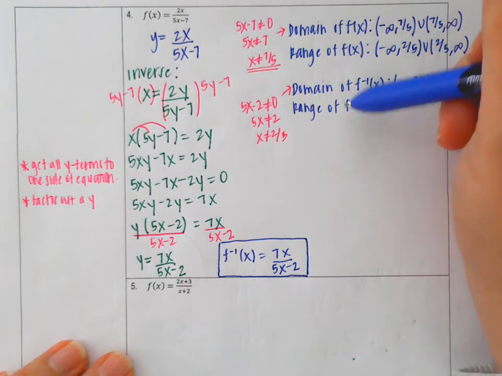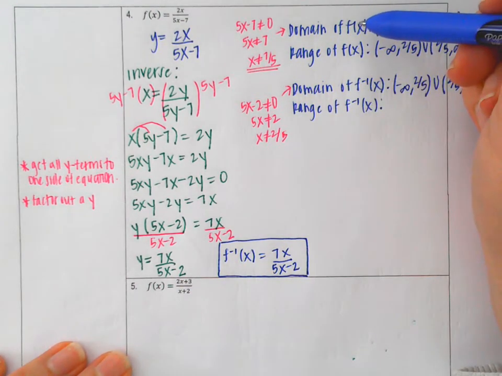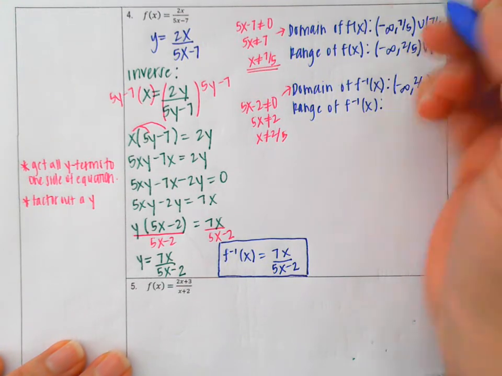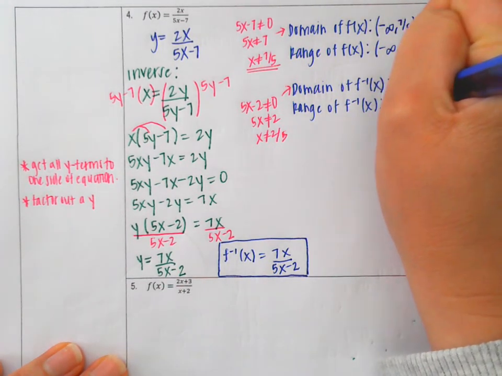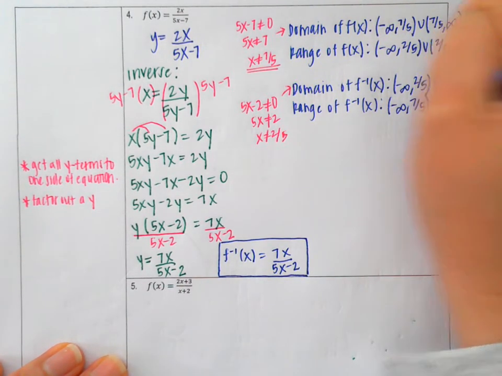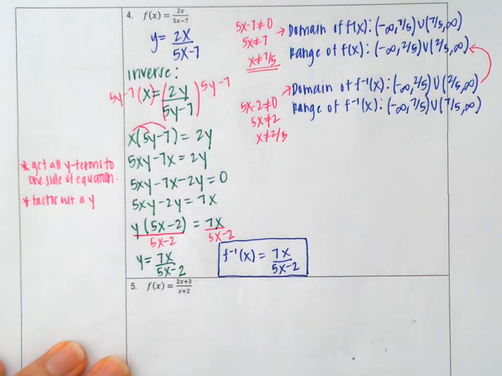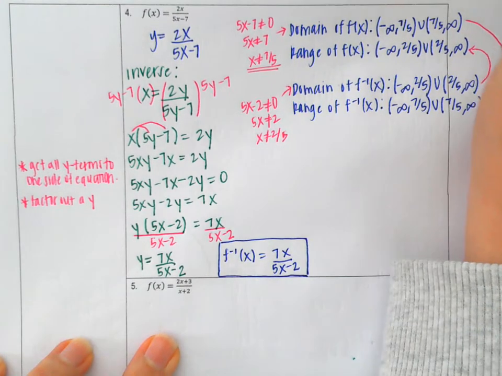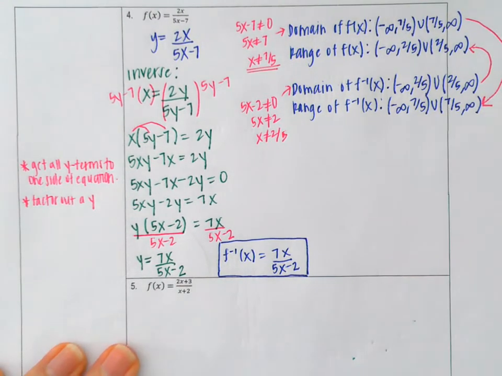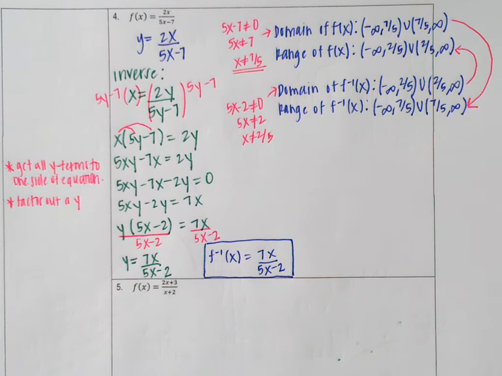And then the range of the inverse is always going to be the domain of the original. So negative infinity to 7/5 union 7/5 to infinity. So you're always using one of the domains to find one of the ranges, and it's always just the opposite one. And that's it for 4.